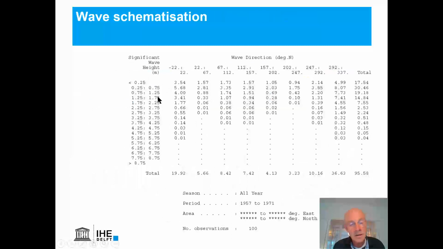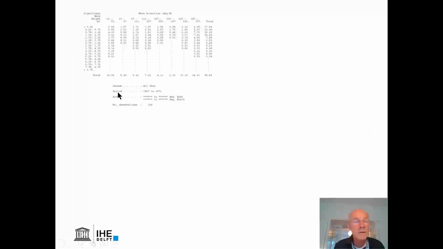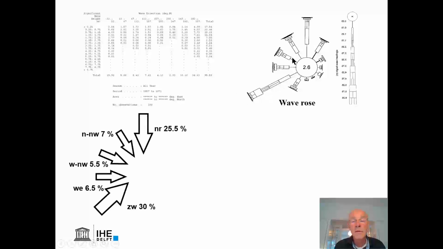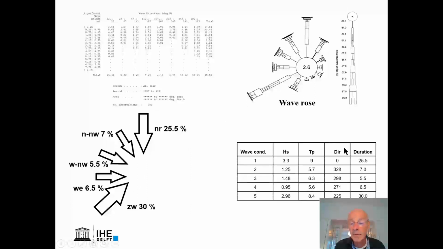Wave schematization. Here's, for instance, a table of the wave height classes and wave direction classes and their frequency of occurrence. And for each of those classes, you have the representative wave periods. Well, we need to find a way to reduce that whole wave climate to, first we can plot it as a wave rose, but then we have to create representative wave conditions for each of those conditions, and in the end come up with a manageable table of wave conditions, and we have tools for that.